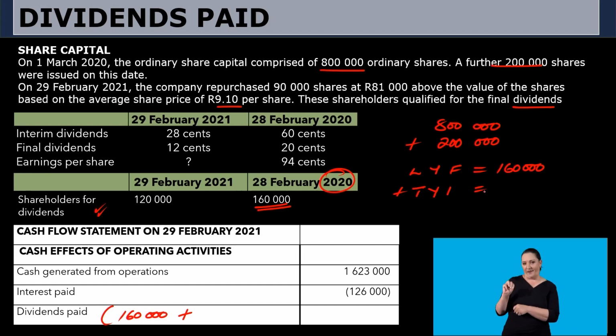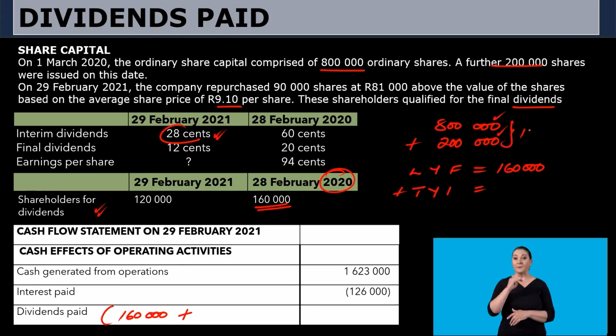Then I add the current year's interim dividends. How much is that? We are given the interim dividend per share, which is 28 cents. But to how many shares were we declaring this interim dividend on? Here we're told that at the beginning we had 800,000 shares, and then we issued a further 200,000.